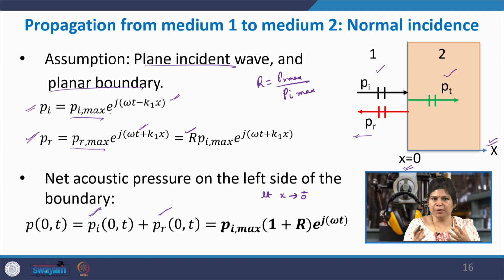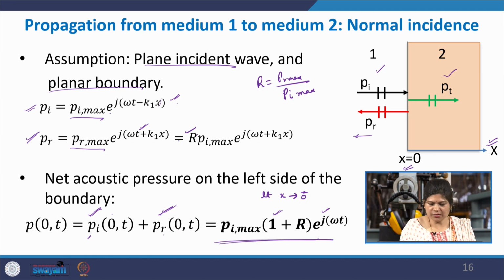We add up the pressure due to the incident wave at x equals 0 and the pressure due to the reflected wave at x equals 0. When you sum up these two equations, what do you get? P_i max into, because x is 0 here, this quantity automatically becomes 0, so you get e to the power j omega t and (1 plus R), from the first two equations.